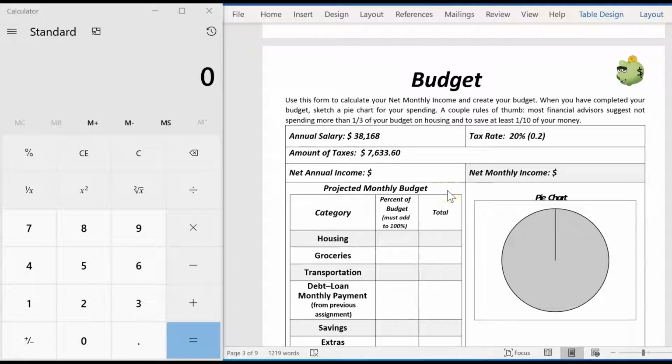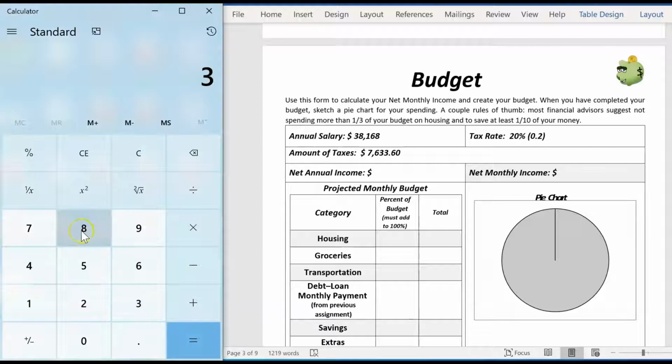So now I have to calculate my net annual income. My net annual income is basically my salary minus the amount of taxes I paid. So it is actually the amount of money I'm going to have left over. So what I do is I take my annual salary, I subtract it by $7,633.60. So let's do that.